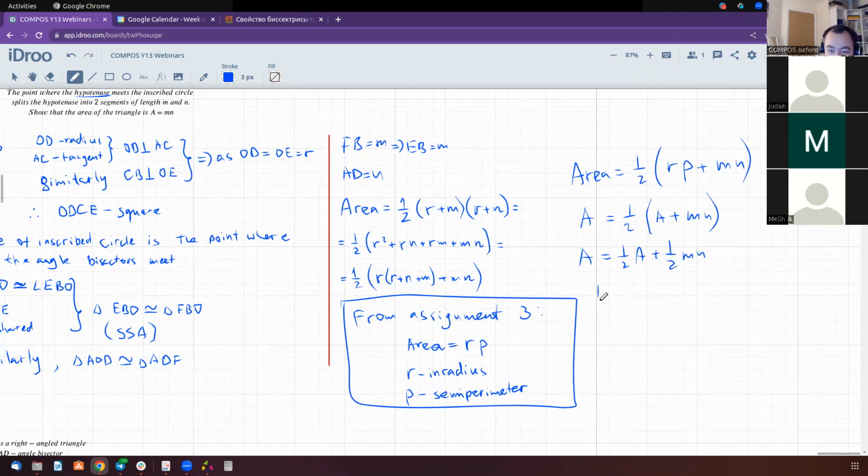And we have 1/2 area equals 1/2 mn. Area equals mn. That the area is equal to radius times half perimeter. That's one of the problems in the assignment.